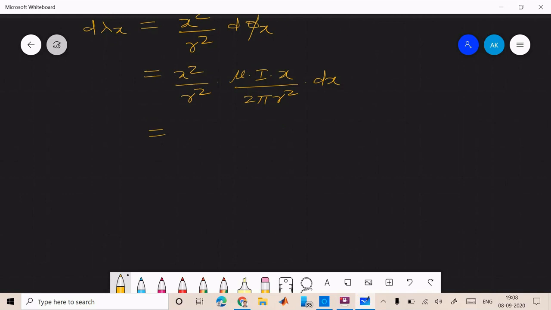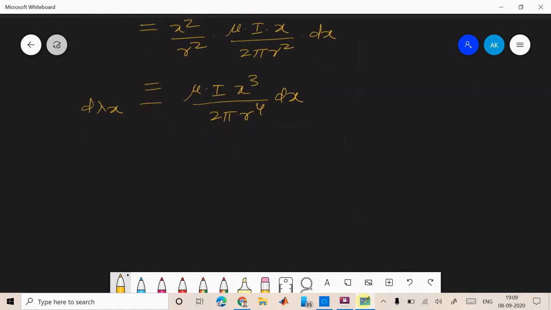One more step, you can write it as mu I x cube over 2 pi r raised to power 4 dx. So this is your d lambda x.